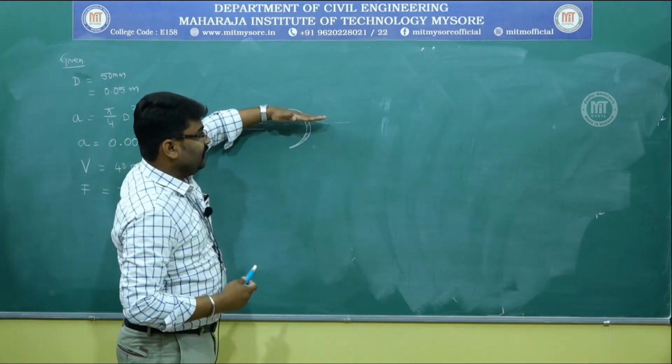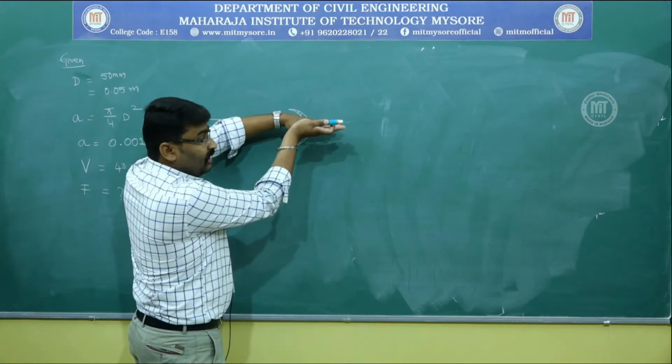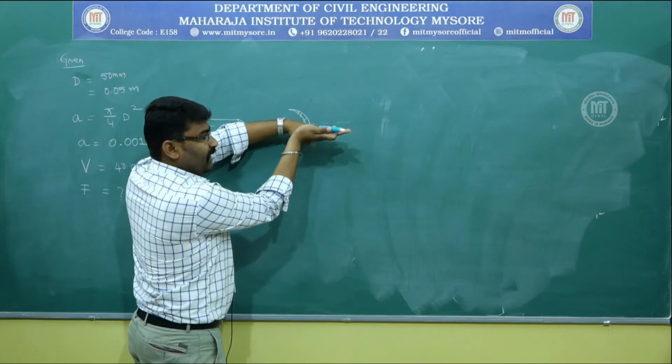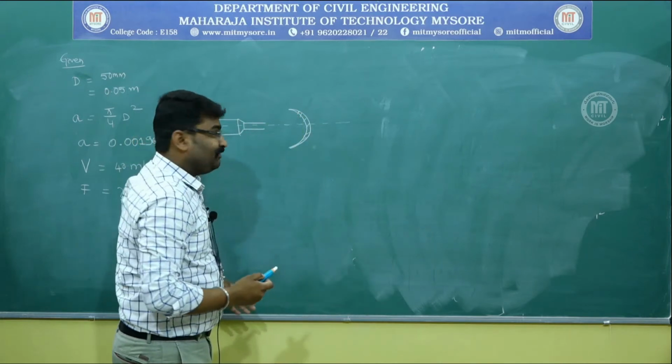So if I keep my hand like this, from the horizontal, the deflection is 120 degrees. So starting from here, count 120 degrees, and that is nothing but the deflection.